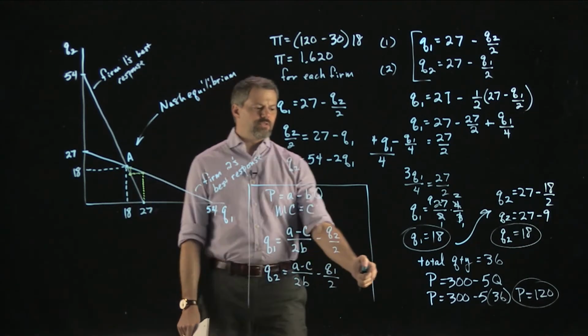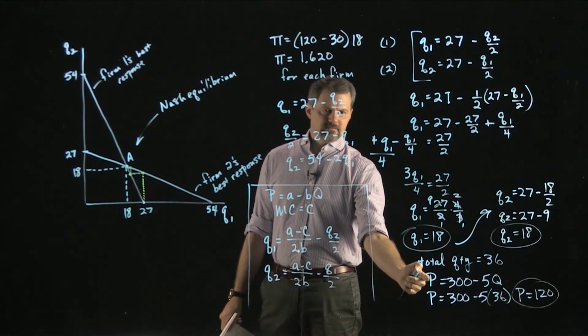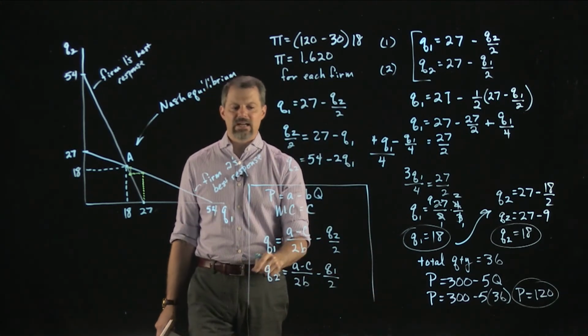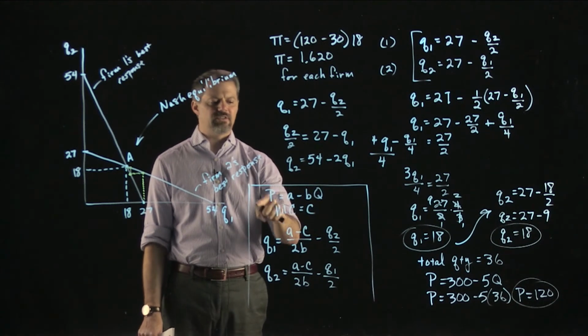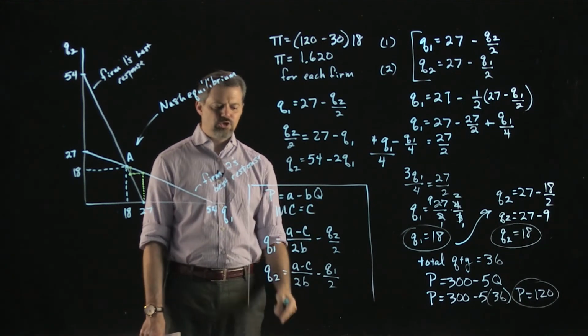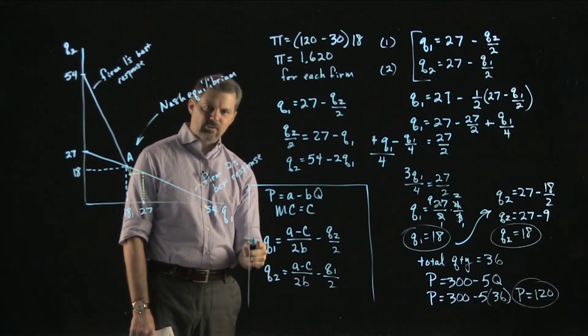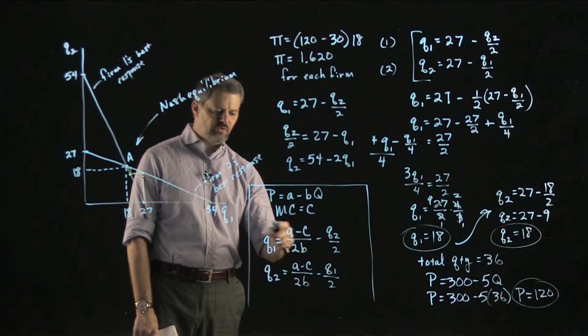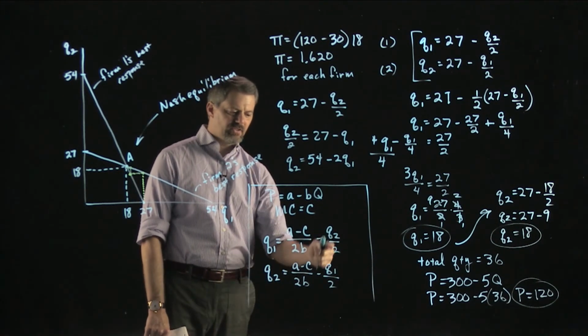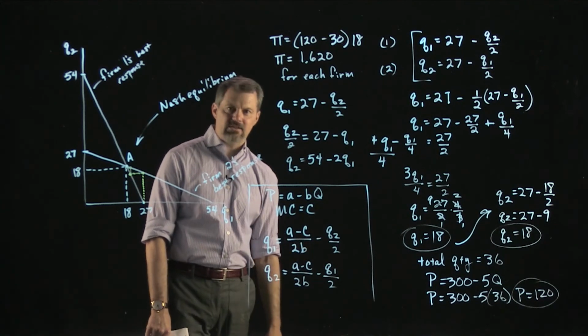So as soon as you see the inverse demand curve and you see the marginal cost curve, in any problem I give you, it will be a nice simple inverse demand curve and a constant marginal cost curve. You can immediately form the reaction functions just by using this formula: (A minus C) divided by 2B, minus the other quantity divided by 2.